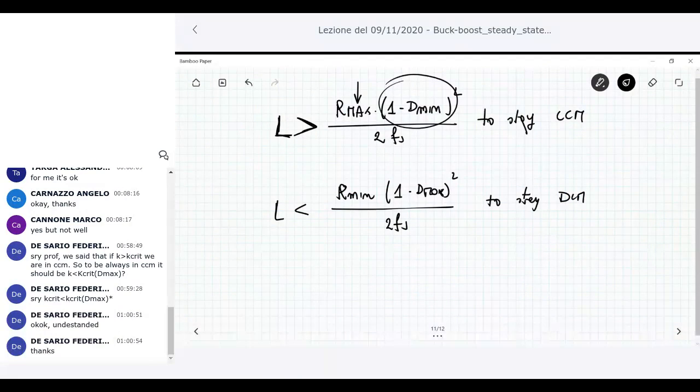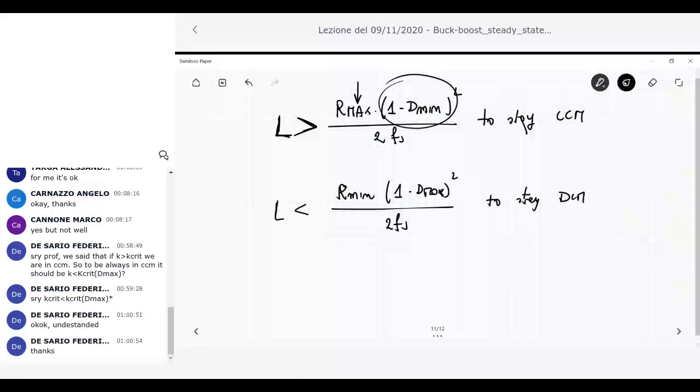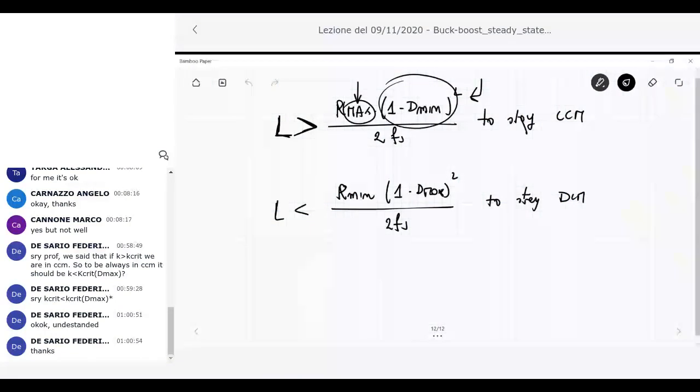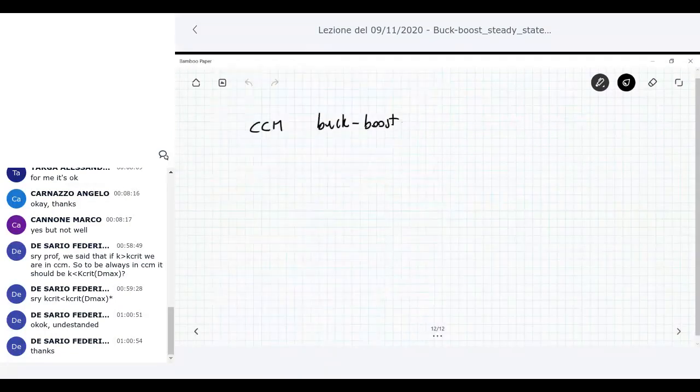In all possible situations, I have to be sure that L is higher than the critical K. So you can get this by having the maximum possible numerator. It means that one minus the minimum D gives you the maximum value, and R max gives you the maximum value. If you don't want to reason about the critical K graphically.